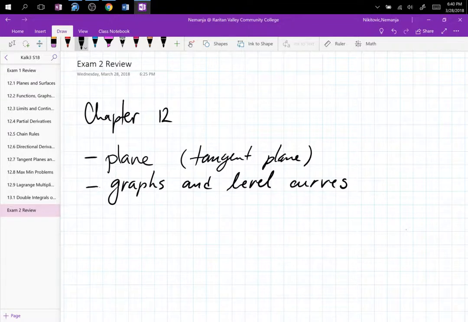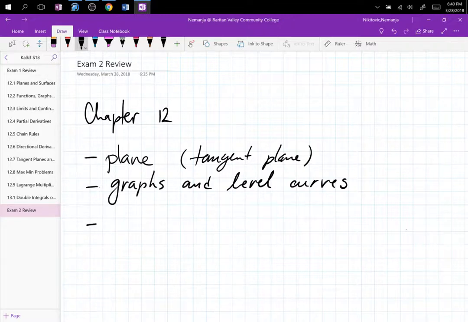So pay attention to those problems where you have to match formulas to shapes and so on. You need to know the surfaces: elliptical paraboloid and ellipsoid, the watermelon, and the cones. Hyperboloids are 1 and 2 sheets. And then the hyperbolic paraboloid, what's that? Saddle, thank you, saddle. So those are the ones that we had.